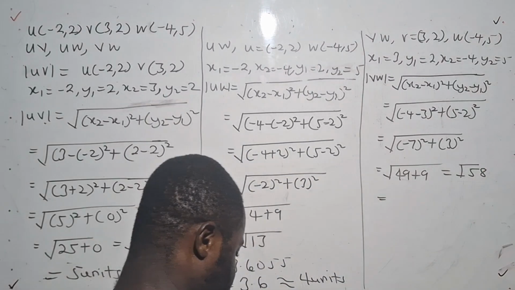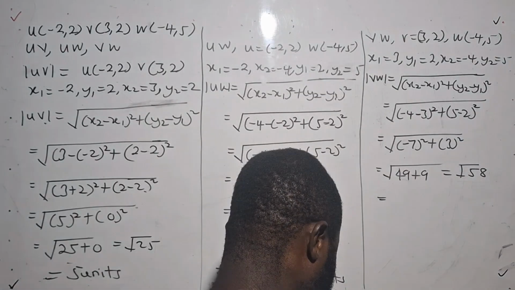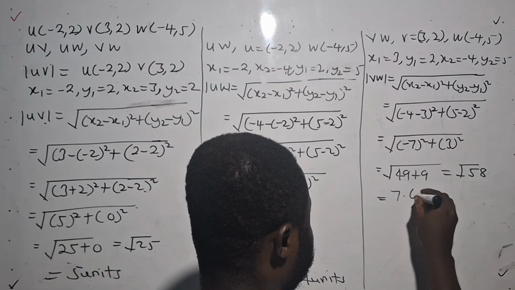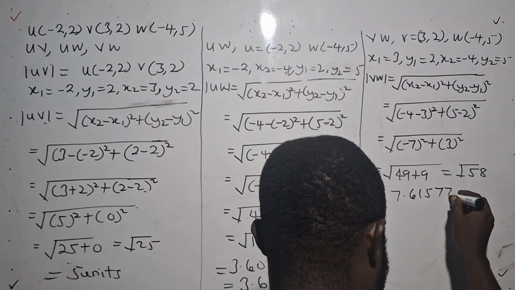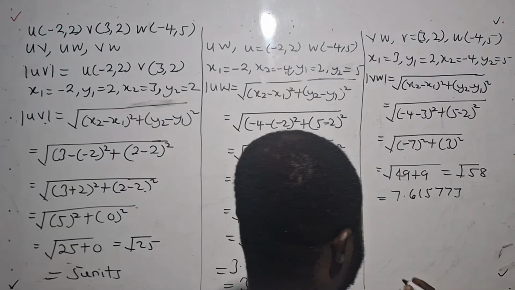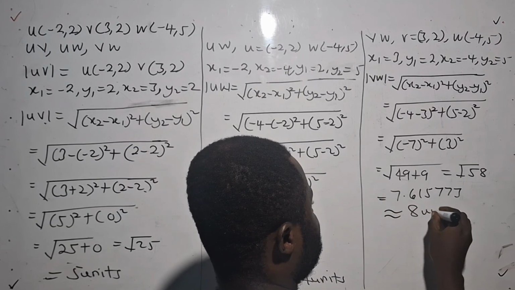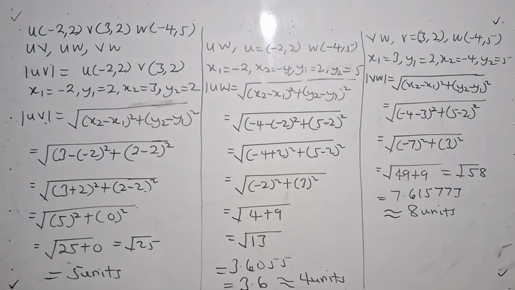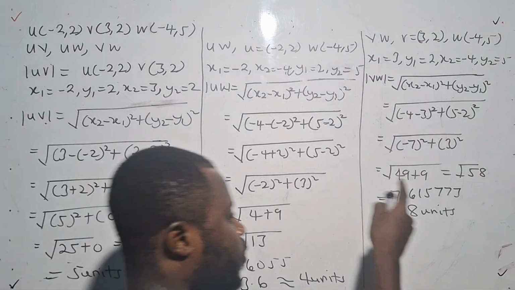When we find the square root of 58, it's going to give us 7.61577, which I can approximate to 8 units. So I got 5 units here, 4 units here, 8 units.